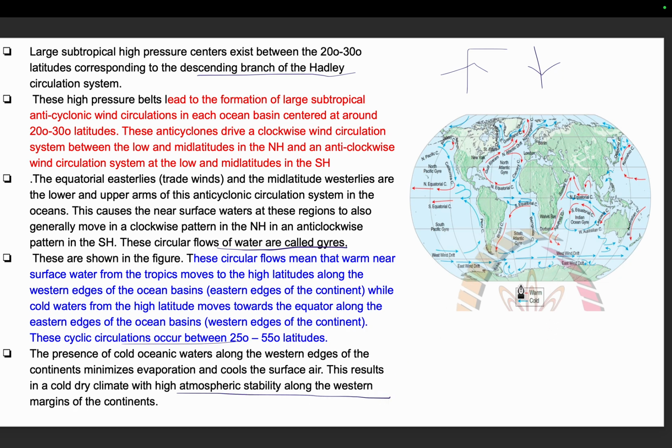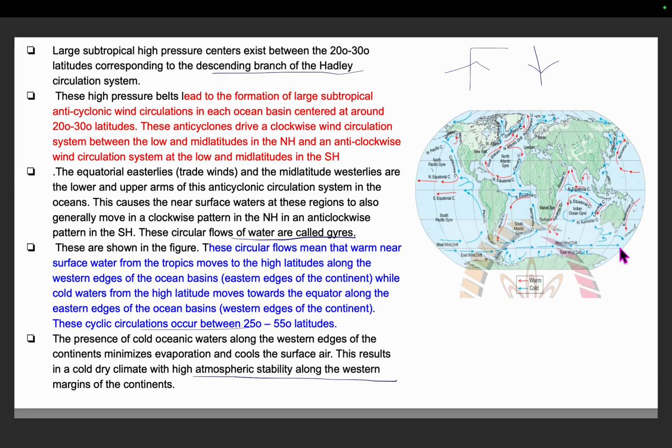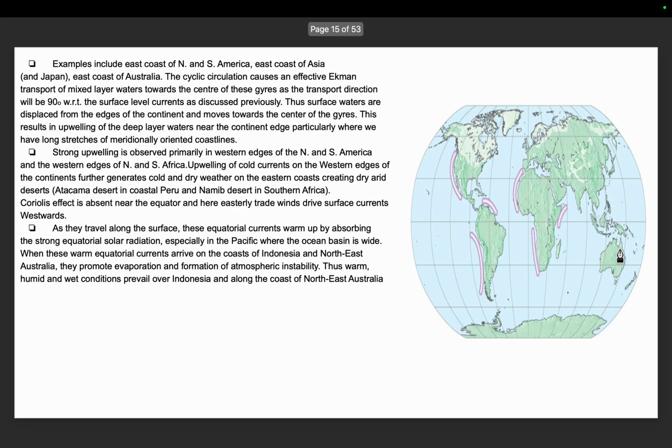Here the cold circulations in the oceans have been shown with the blue color, and the warm circulations of the ocean water have been shown with the red color, and this is prevalent in the mid latitude region only. For example, the east coast of North and South America, the east coast of Asia and Japan, and the east coast of Australia.